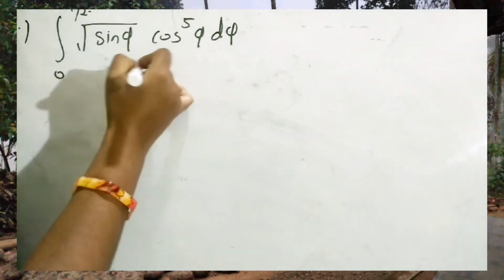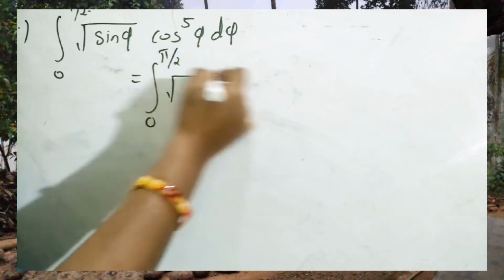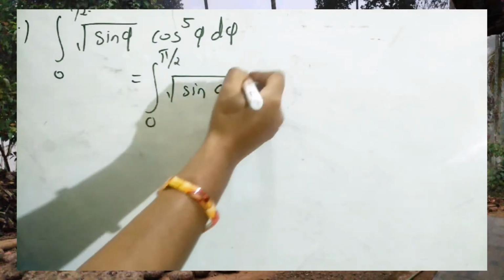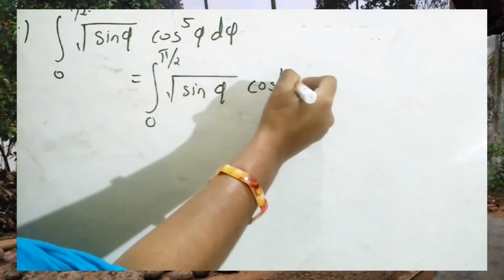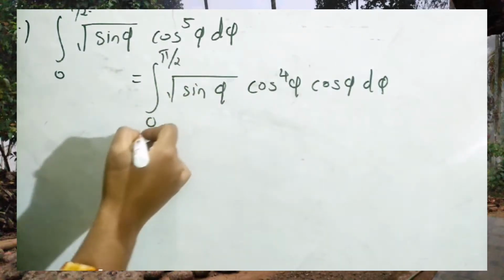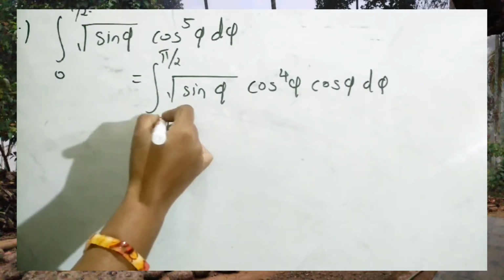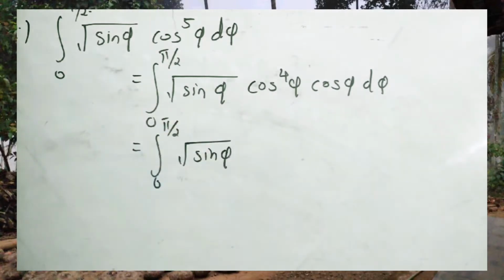So I'm going to make one adjustment here. Integral 0 to pi by 2 root sine phi. This cos raised to 5 phi we can write as cos raised to 4 phi into cos phi into d phi.